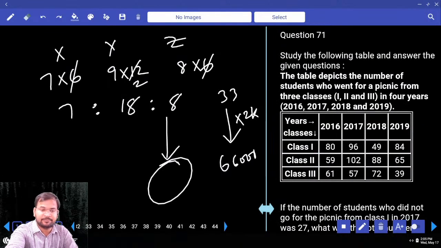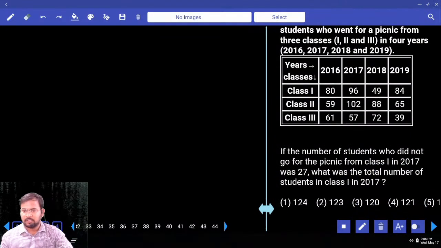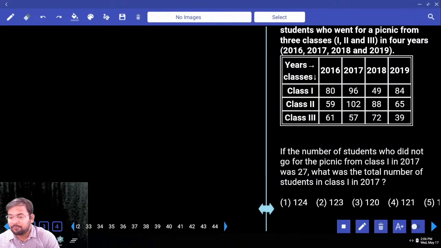They have given DI. 2016, 17, 18, 19, okay, no problem. The number of students who did not go for the picnic from class 1 in 2017 was 27.